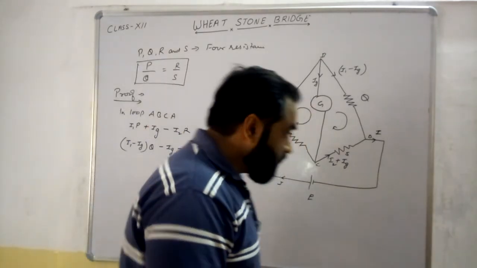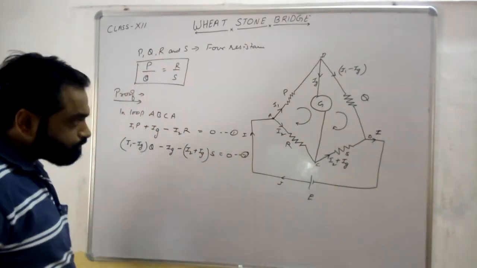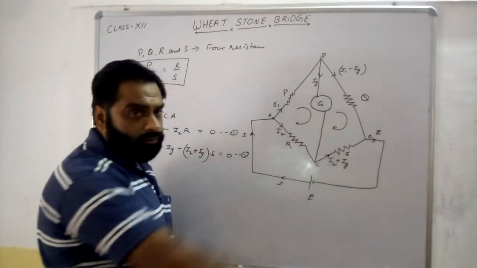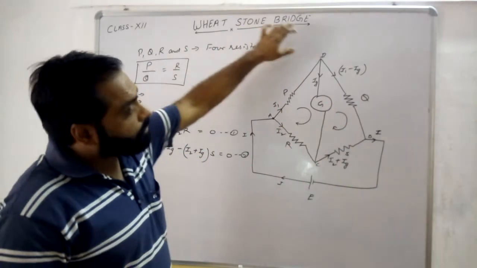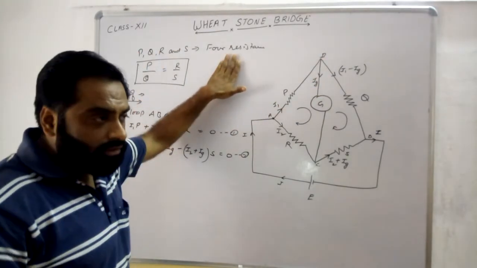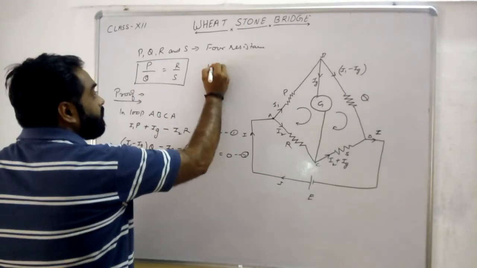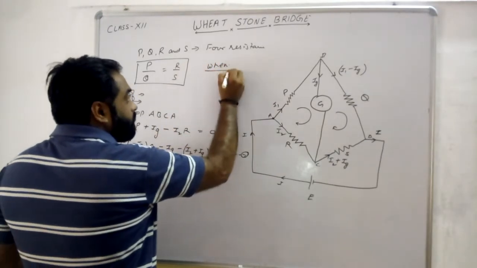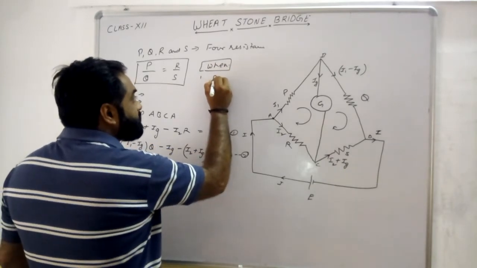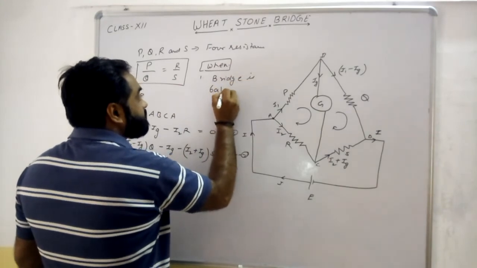Okay, now what is the main point here? Now come to the circuit diagram again. Now this is the galvanometer. Wheatstone bridge means we have to find the value of one resistor and 3 are given. But there is one condition: when this bridge is balanced.